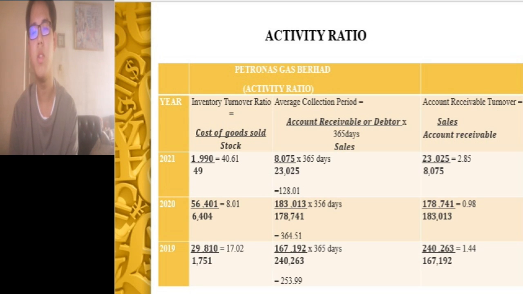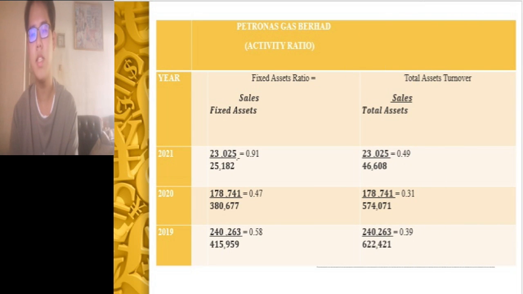But in 2020, it reached 8.01, 364.51, and 0.98. Also in 2021, it reached 40.61, 128.01, and 2.85.